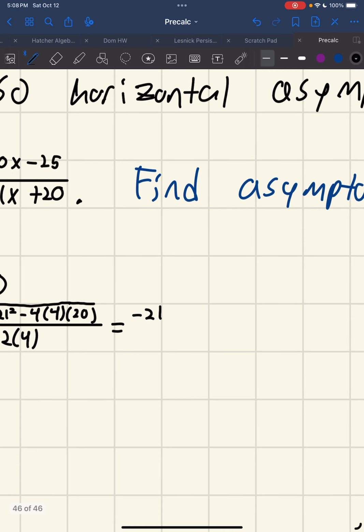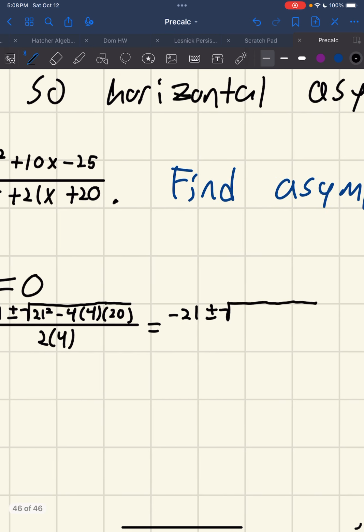So this will be negative 21 plus minus square root of 21 squared. 20 squared is 400, 21 times 20 is 420, and then another 21 would be 441. Let me just double check that. 21 times 21 will be 441. Cool. So this will be 441 minus 4 times 4 times 20. 4 times 20 is 80, 80 times 4 will be 320, all over 8, 2 times 4.